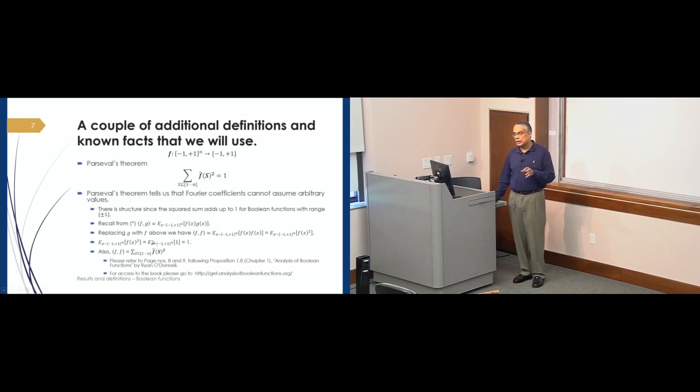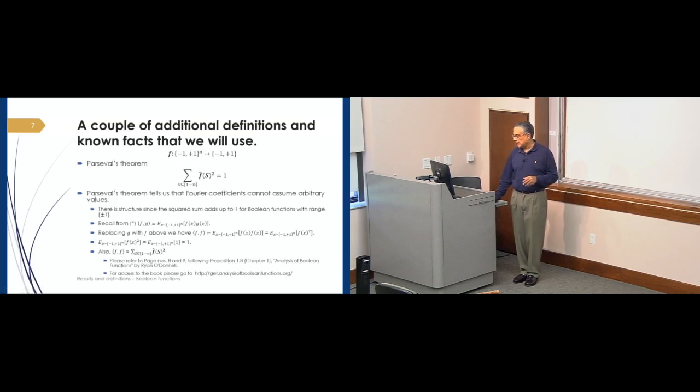We refer you to the book that we have sent out an email to all of you as a way of accessing this for this lecture. It's the source material for what we are lecturing today, as credited on the first slide. It's the book by Professor Ryan O'Donnell on the analysis of Boolean functions, and in particular, the latest version of this book on pages 8 and 9, immediately after proposition 1.8 in chapter 1, gives you a way of completing this calculation, and we would encourage you to look at that.